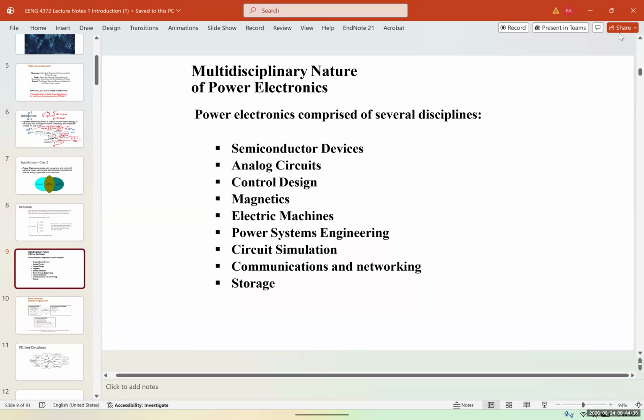Another application of power electronics that has significantly, I would say, improved the efficiency is in renewable energy systems. So solar panels would be almost useless without inverters, because you need to convert that DC to AC.